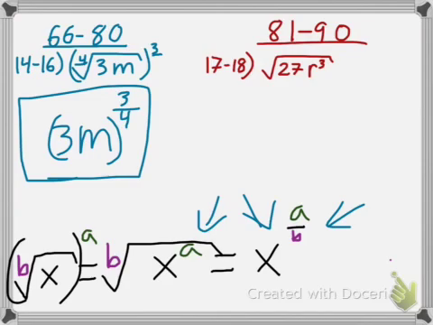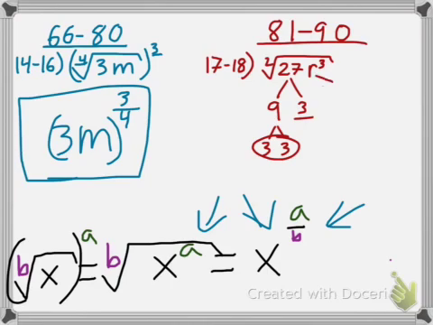Before, we did this by doing factor trees, so 27 breaks up into 9 and 3, and the 9 breaks up into 3 and 3. And since this is a square root, square meaning 2, I'm looking for pairs of 2. And those are the ones I bring out. So I have one pair of 3's and then a single 3. So the 3 will be left inside and one 3 will come out.